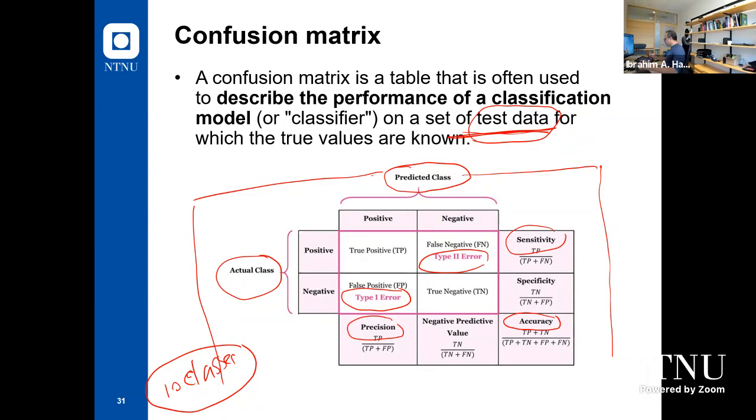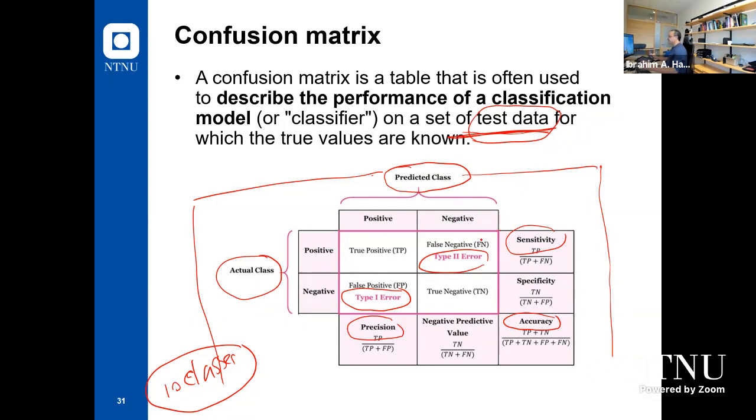In the actual classes, you have a number of cases which are positive, and the model will be able to classify some part of them as positive, and some part of them will be misclassified as negative. Those positive cases which are classified as positive, we call true positive. And those positive cases which are classified as negative, we call false negative, correct?